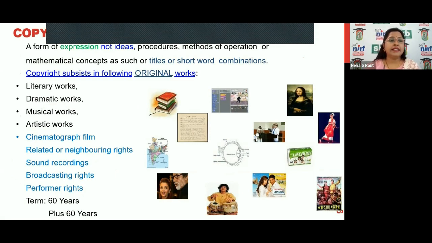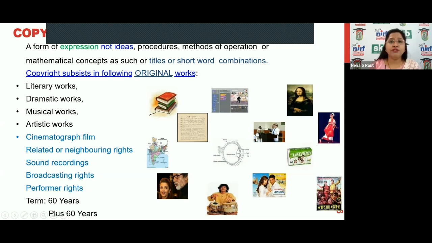Fine. Then comes literary work, dramatic work, musical work, artistic work, cinematographic film related or neighboring rights, sound recording, broadcasting rights, performer rights, that all come under copyright. You can see all these images are protected under copyright. For literary work, dramatic work, musical work, and artistic work, generally life plus 60 years of protection is there.